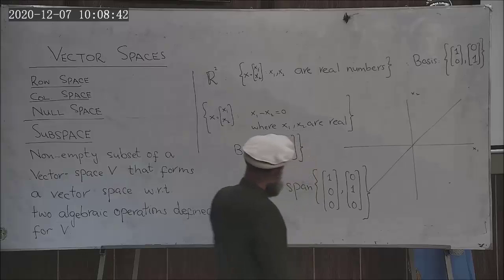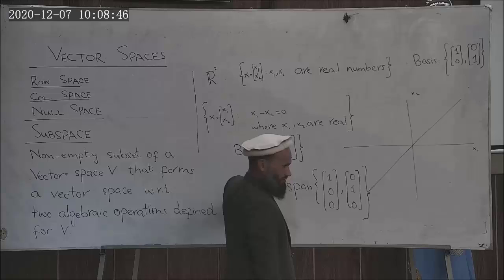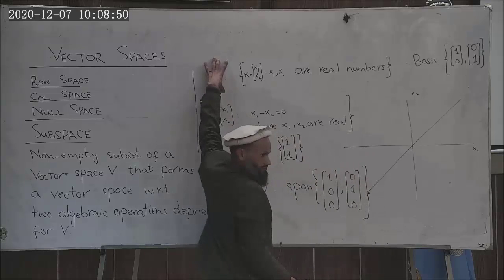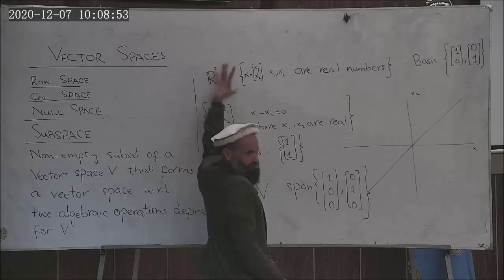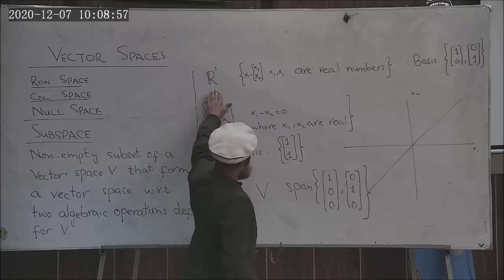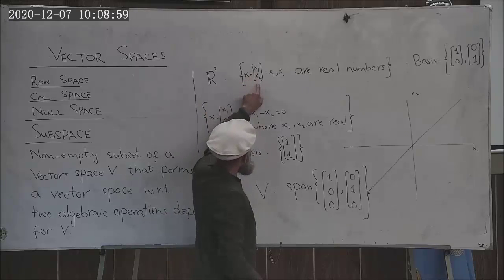So my question is, is this vector space the same as this one? No, these are two different spaces, right? This space has three components.